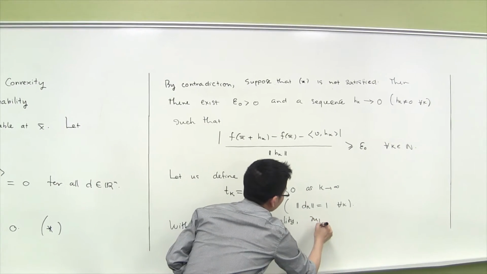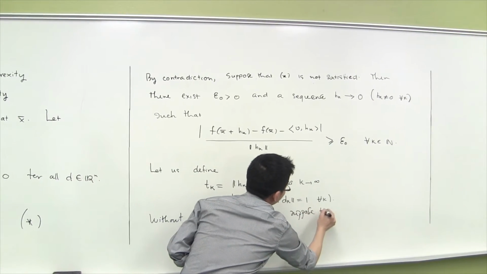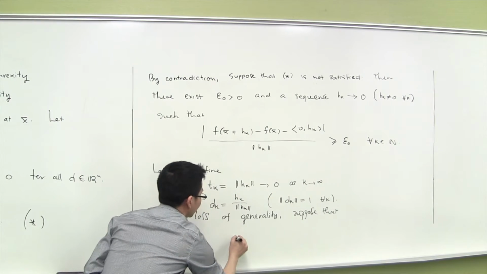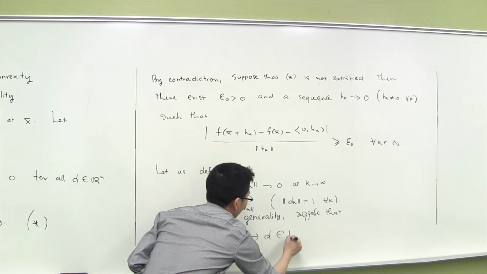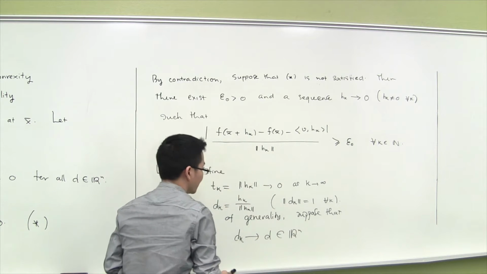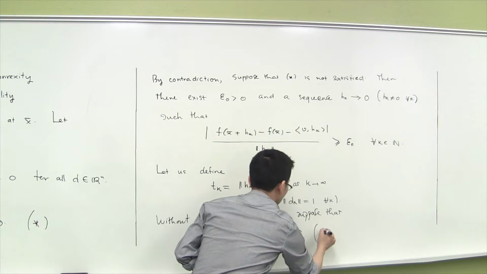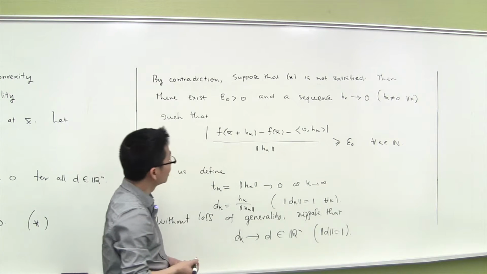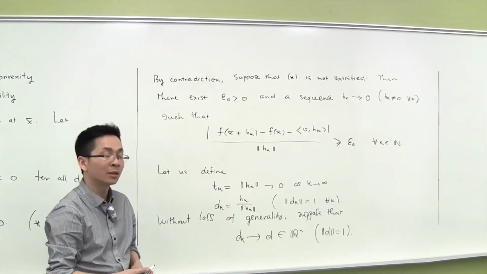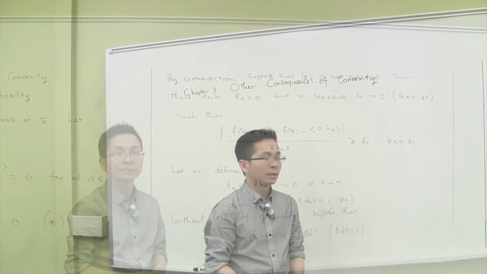From this we see that the norm of d is equal to 1. Now from here we will try to come up with a contradiction.